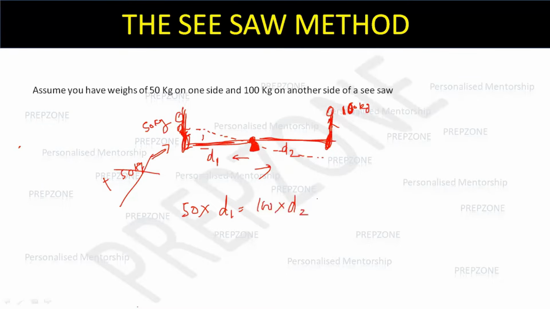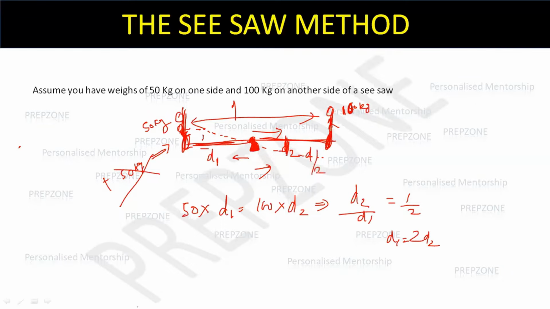So D2 upon D1 has to be equal to 1/2, which means D1 is equal to 2 D2, and the pivot is going to shift towards the right. If this entire distance is D, and initially it was at D/2, now where will it go? It will be at D/3. So this will be D/3, and this will be 2D/3.